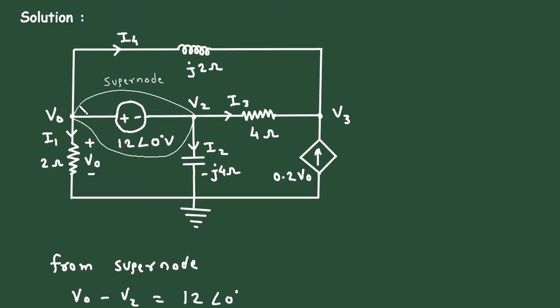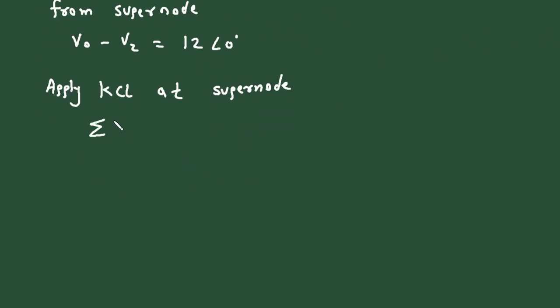Now here we can see this whole forms a single node, and here there is no entering current at this node, all the currents are leaving. So we can write, first of all, Kirchhoff's current law is summation of all the currents entering a node is equal to summation of all the currents leaving the node.